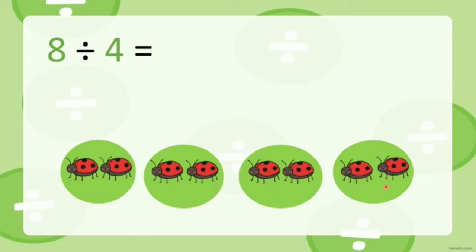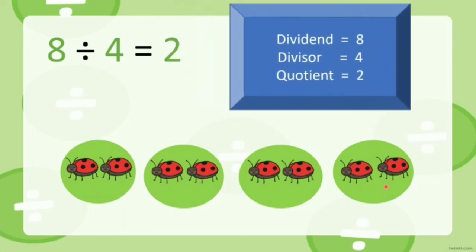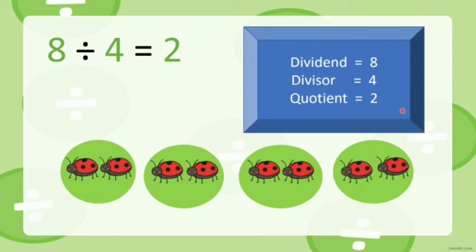So we have grouped 8 bugs equally into 4 groups. So each group has how many bugs? 2. So we can also write it as: dividend is equal to 8, divisor is equal to 4 and quotient is equal to 2.